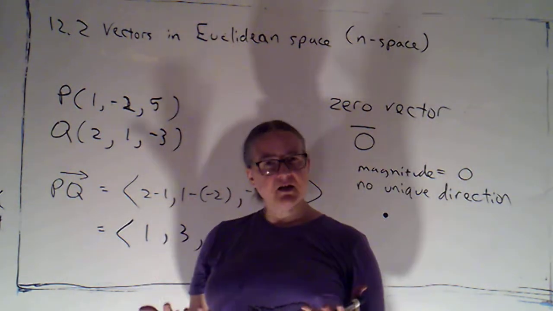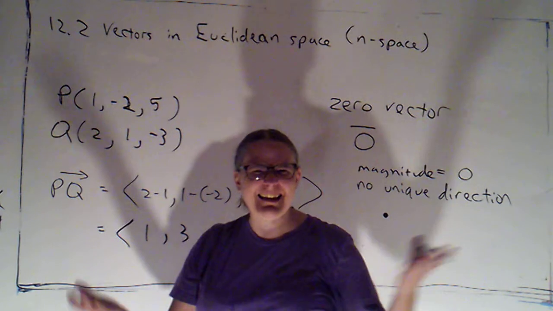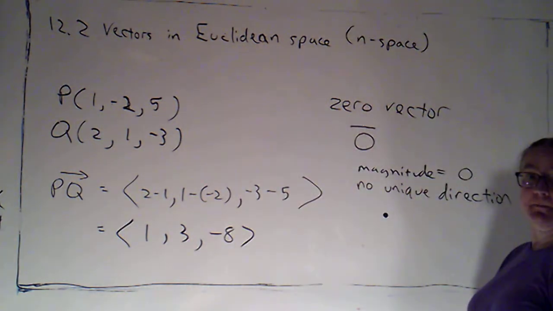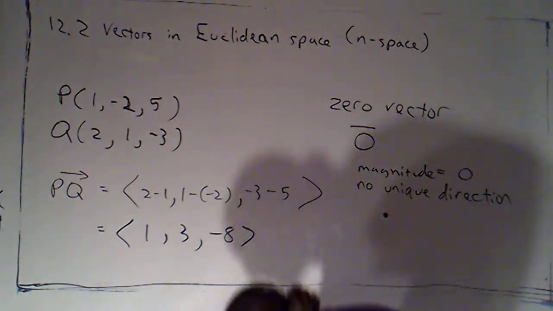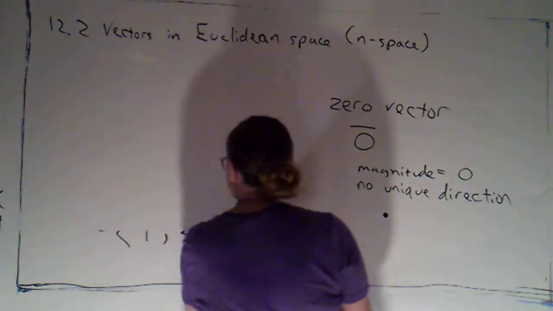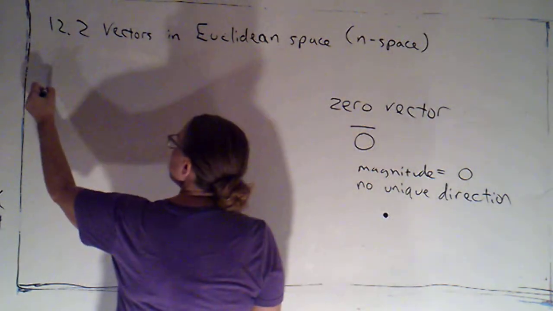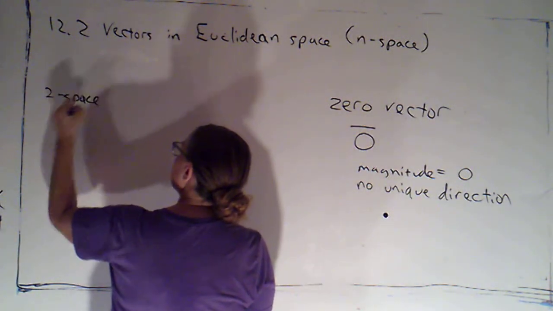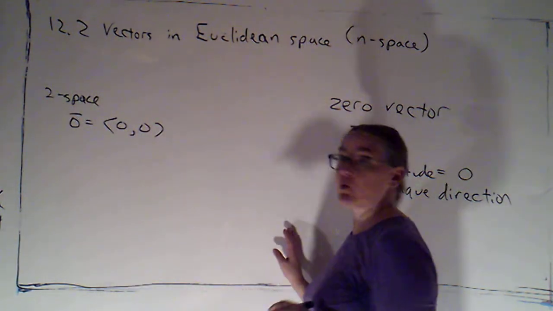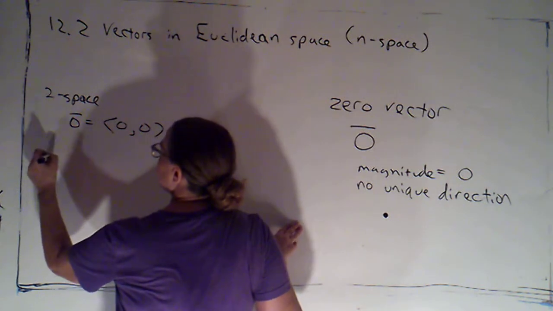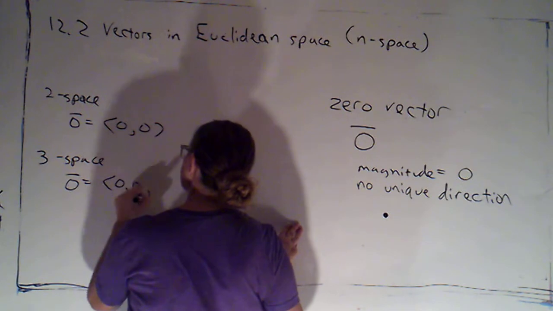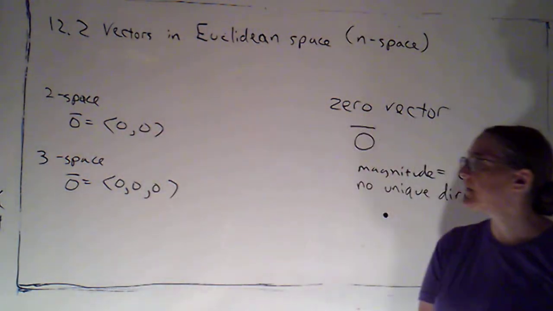So there's no unique direction, but I can associate any direction with it that I want to, should that become useful. In component form, of course, depending on what space we're in, if I'm in 2 space, the 0 vector is just a pair of zeros as its components. If I'm in 3 space, the 0 vector is (0, 0, 0).